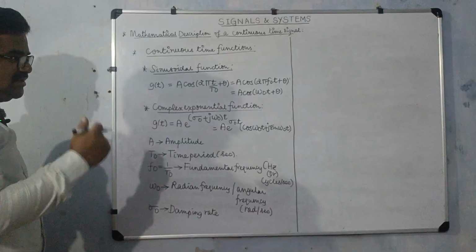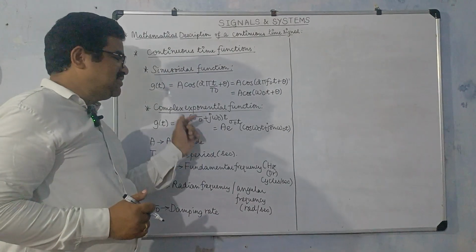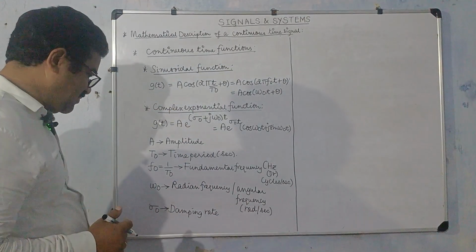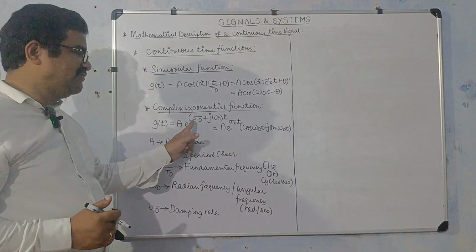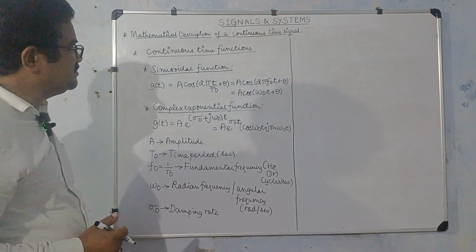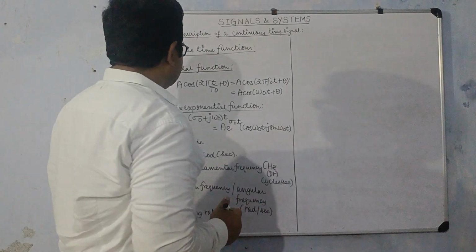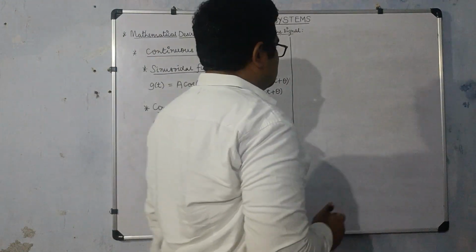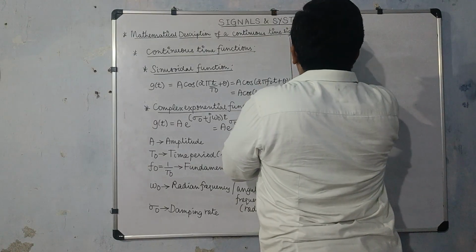Damping means the amplitude of the function is decreasing exponentially. At what rate the amplitude is decreasing depends upon the value of sigma naught. That is why we call it a damping rate. Now we'll see some examples for sinusoidal functions and complex exponential functions, and we'll try to draw these functions.